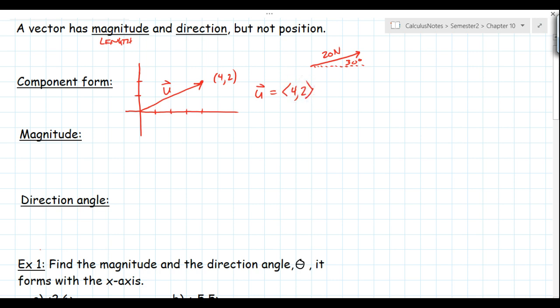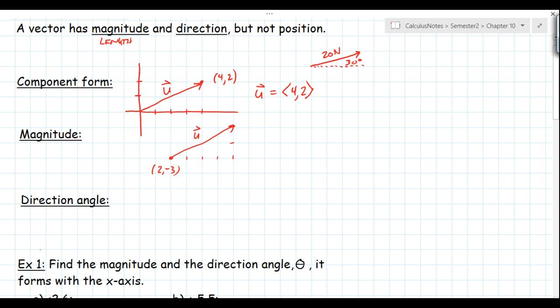So we can write the x component and y component of a vector. That doesn't mean that it has to start at the origin. It just means wherever it starts, it's going to go 4 units in the x direction and 2 units in the y direction. For example, I could start the vector down here at the point 2, negative 3, and vector u goes 4 units in the x direction and 2 units in the y direction.